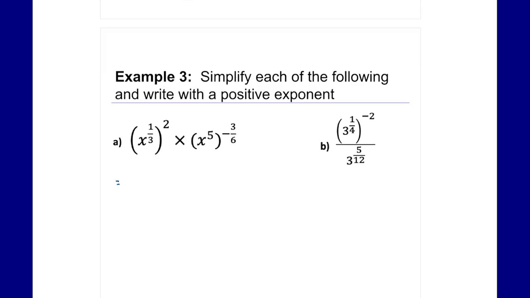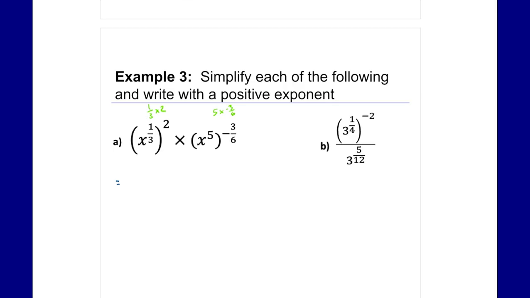For the first one, we have a bunch of power to a power rules. When we have a power to a power, that means we have to multiply. So 1 over 3 times 2. And for the second one, I can treat this separately, 5 times negative 3 over 6.